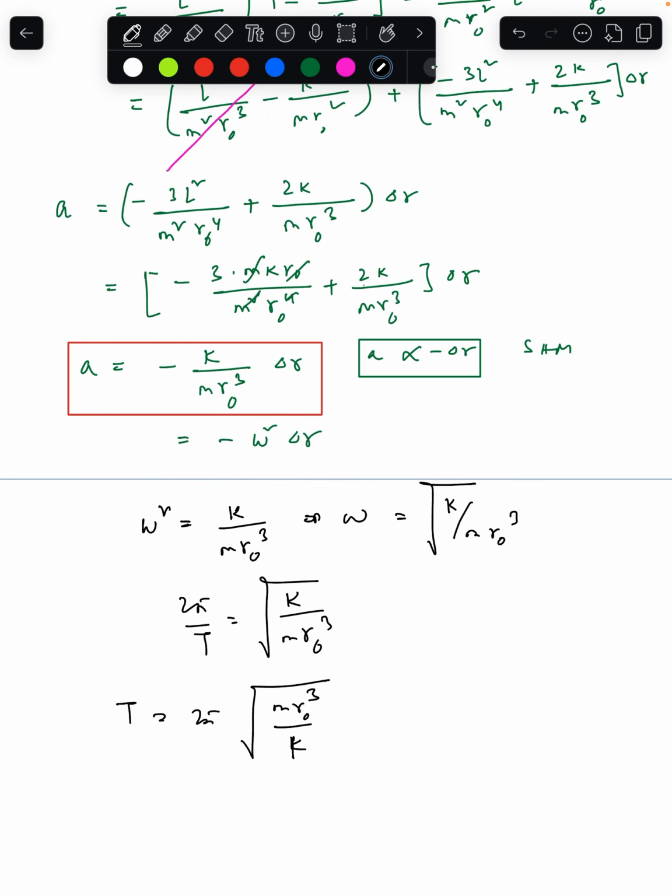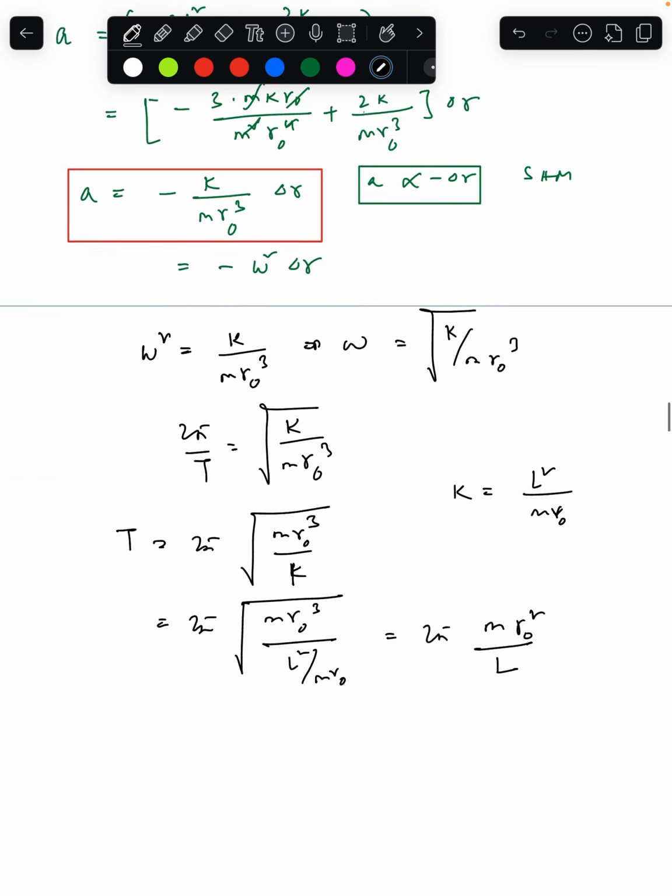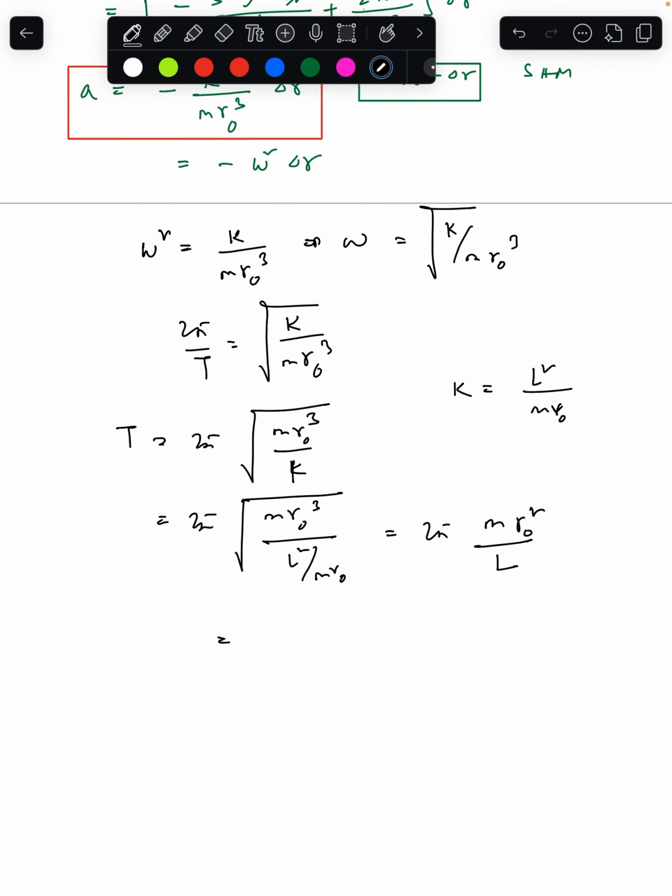So now let us replace the value here. K is equal to L square by m r naught. If I replace the value over here, 2 pi under root of m r naught cube by L square by m r naught. So there will be a square term, and it comes out 2 pi m r naught square by L. Again we have to replace the value of r naught.